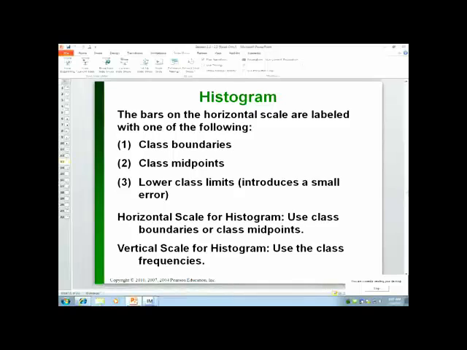So let's do a histogram for the milligrams of tar in these 25 brands of cigarettes.